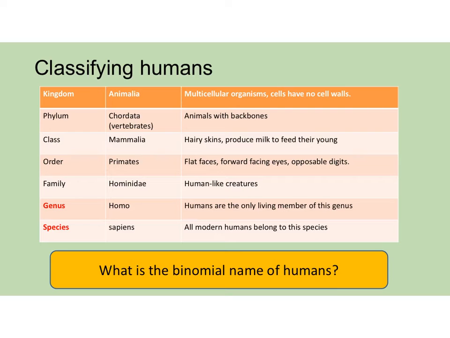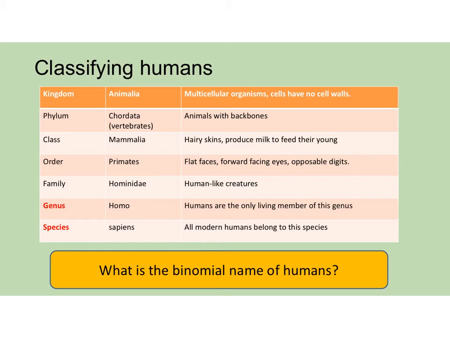Our phylum is Chordata, which means we are vertebrates, because we are an animal with a backbone, we have a spine. Our class is Mammalia, because our skin has hair on it, and we produce milk to feed our young, and our young are born alive, we live on land, and we are warm-blooded.